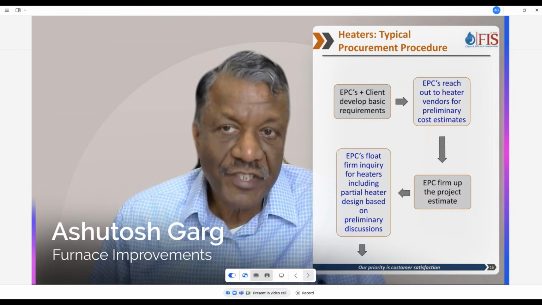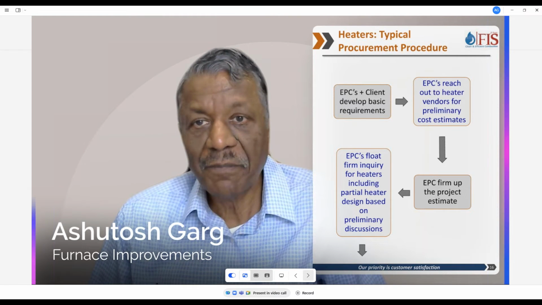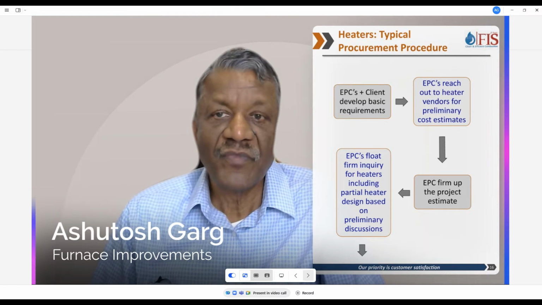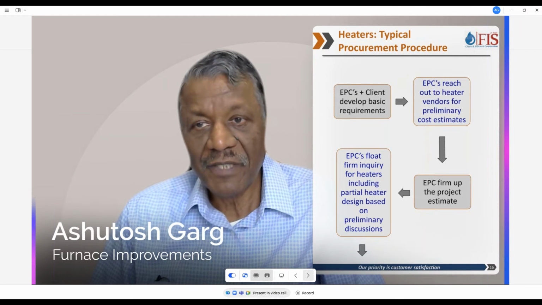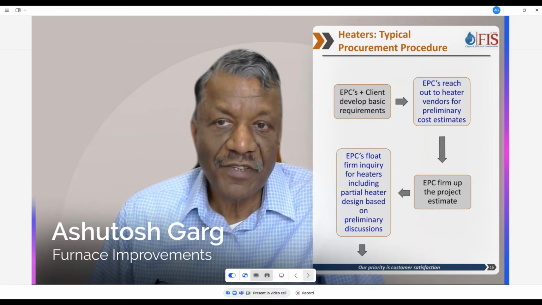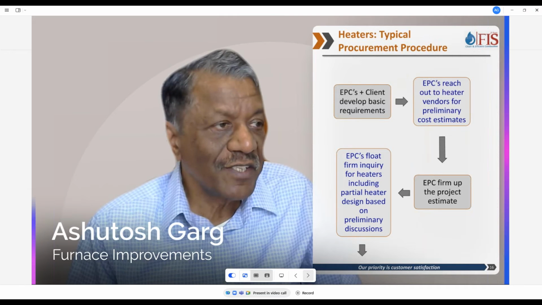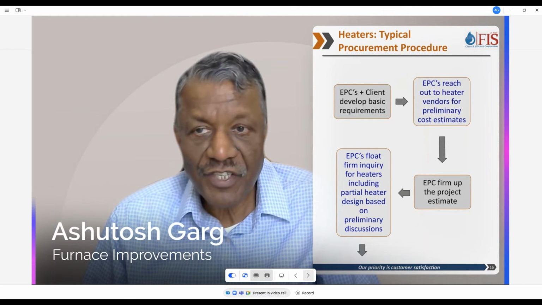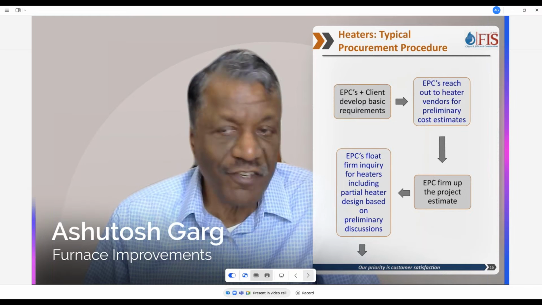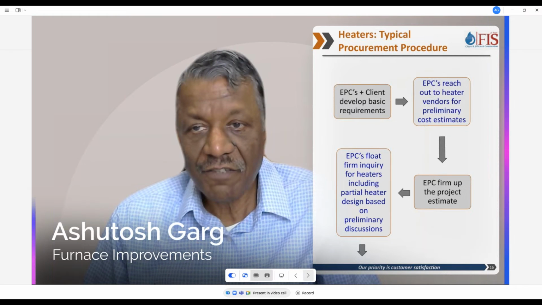What they do is contact a couple of fired heater vendors and get budgetary proposals. They may have a couple of rounds of discussion to finalize the budgetary bids. The EPC then firms up the project cost estimate, the project gets approved, and then, based on their previous discussions, they firm up the heater data sheets and go out for bids with all the technical specifications.